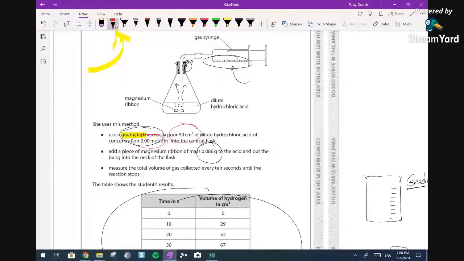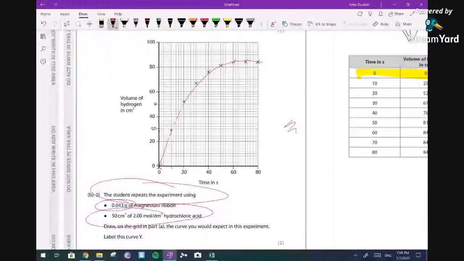Now look at the lines. This graph ended at 84. What that means is if I halve the magnesium, I'm going to halve the amount of hydrogen I produce. So that's going to produce 42. So I'm going to mark 42 here.